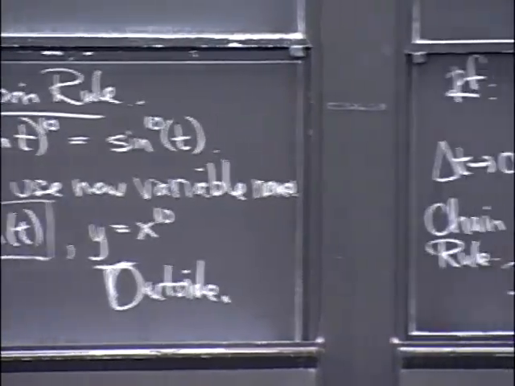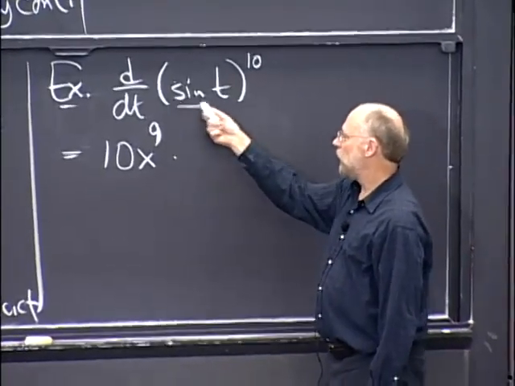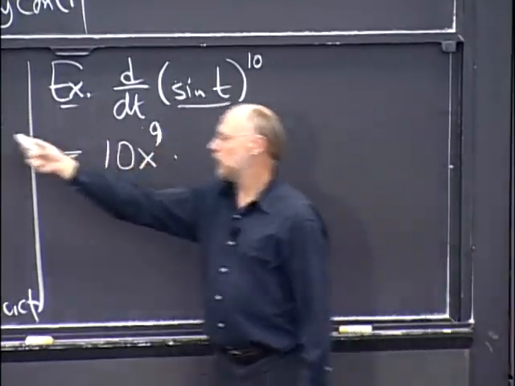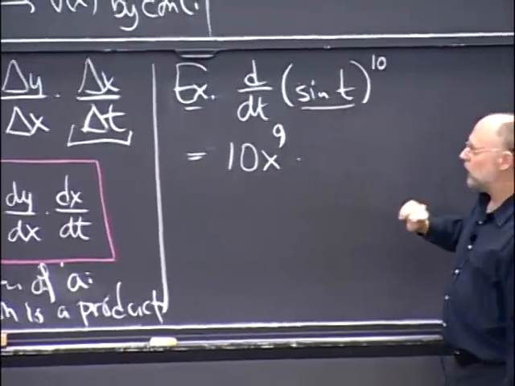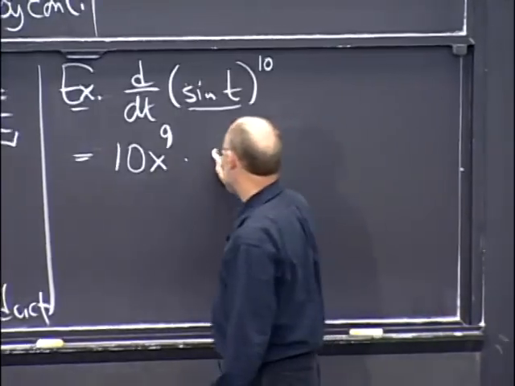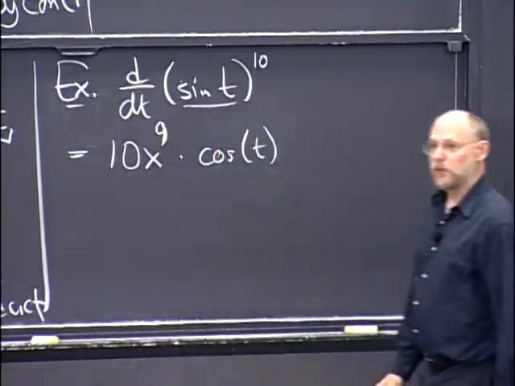So the derivative of the outside function is 10x to the 9th, and then here's the inside function, and the next thing I want to do is differentiate it. So what's dx/dt? The derivative of sine t is cosine t. That's what the chain rule gives you.